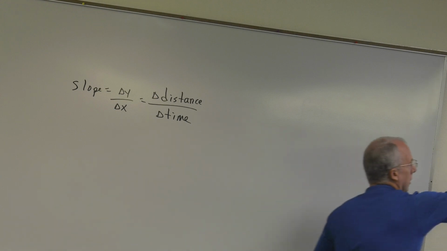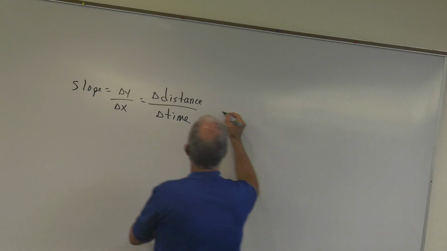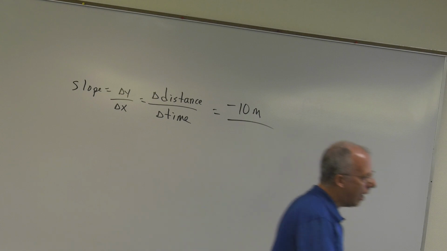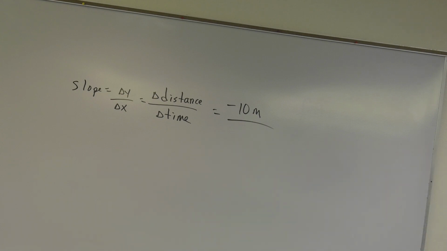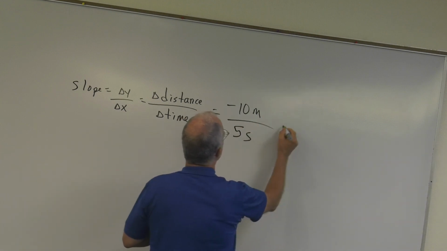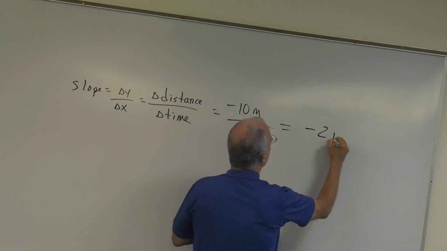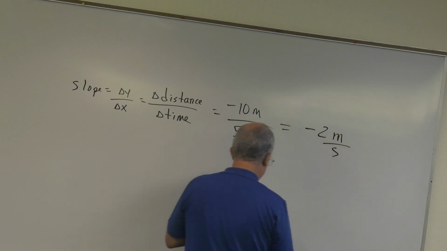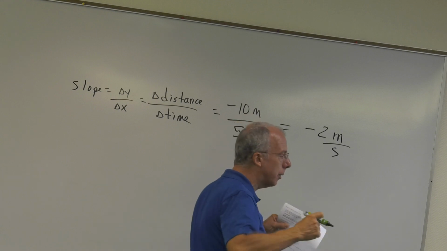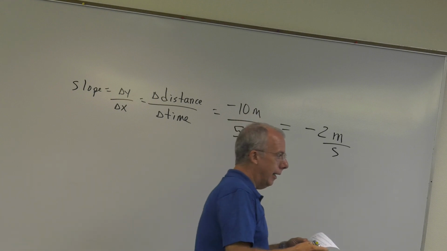So the change in distance is minus 10 meters. And the time, this is 7 seconds, this is 2 seconds. So 7 seconds minus 2 seconds is 5 seconds. So that's negative 2 meters per second. All right, so that's the slope, negative 2 meters per second.